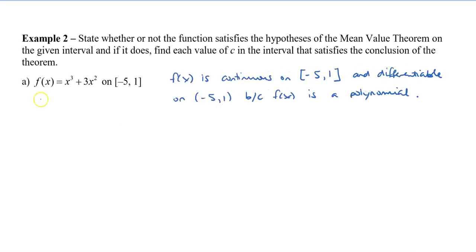All right, so we're going to find the first derivative. f prime of x is equal to 3x squared plus 6x. We're going to set this with c instead of x.